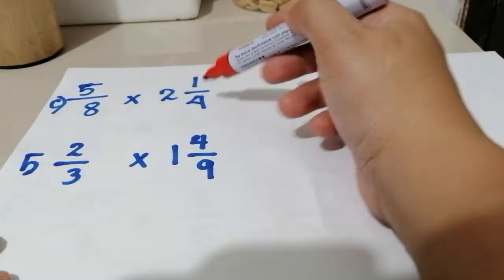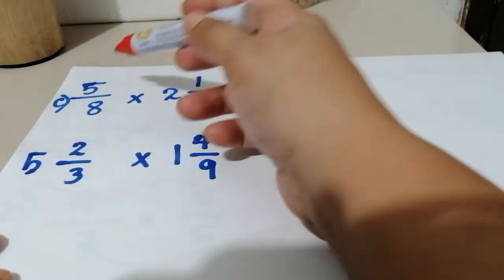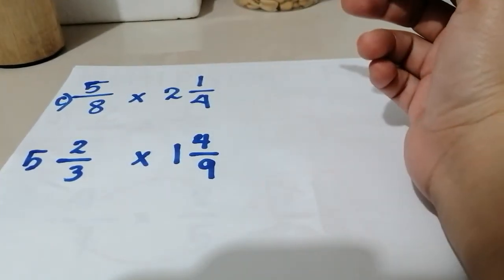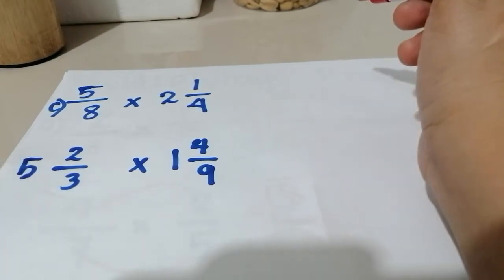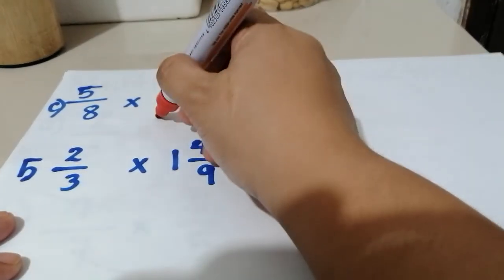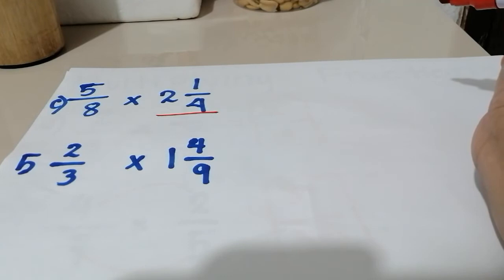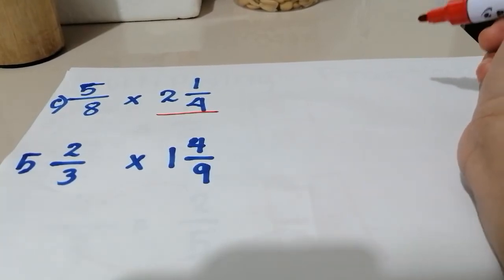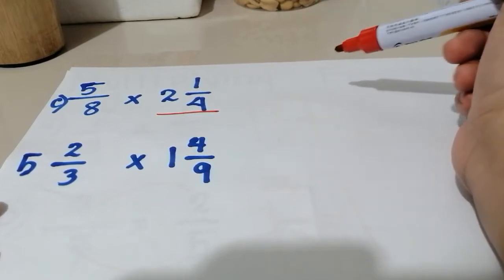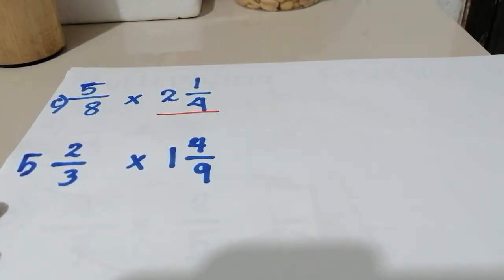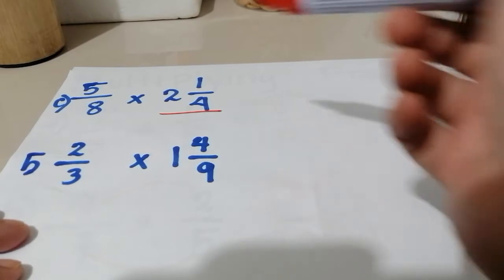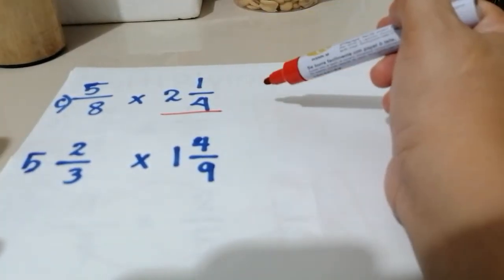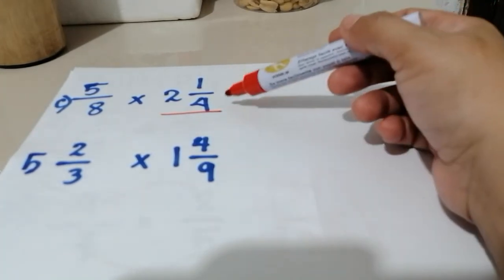Okay, so if ang fraction natin, it's just a fraction and a mixed number, before kang magmumultiply, the first thing that you need to do is change this mixed number into an improper fraction. I repeat, if we are multiplying fractions that has mixed, ibig sabihin there's a whole number and a fraction, you need to change first yung mixed number mo sa improper.